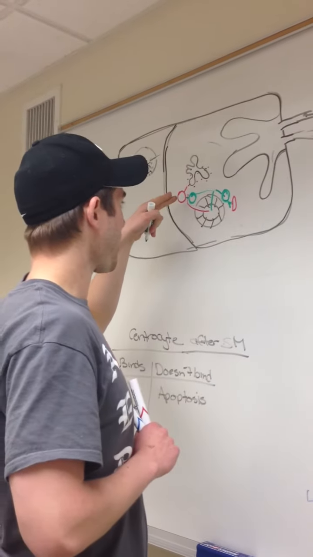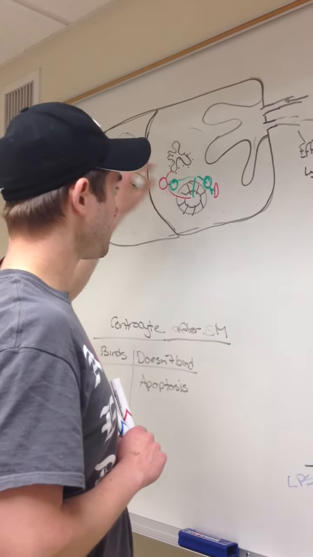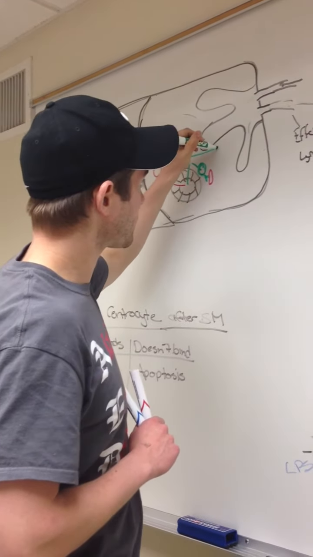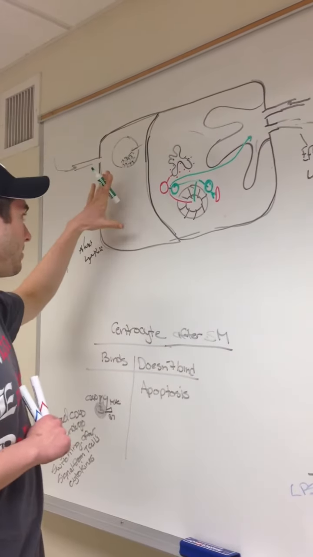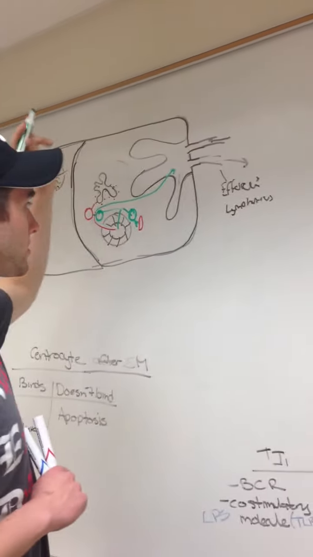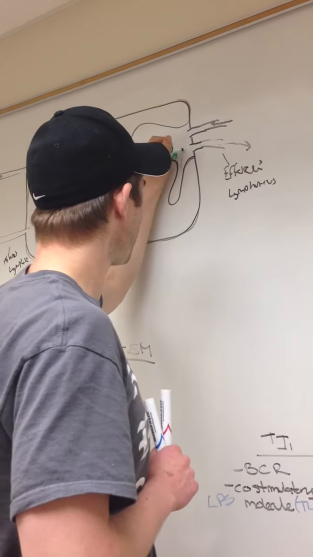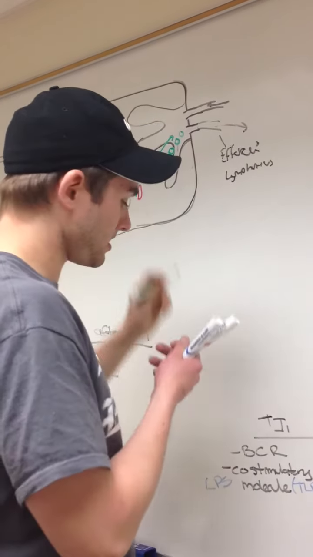So the T cell that is already activated will activate the B cell, and they will move over here to the medullary cords. This is the T cell zone, this is the B cell zone, and this is the medullary cords. And the conjugate pair will proliferate and will make a few copies.